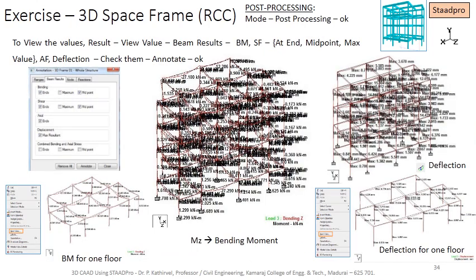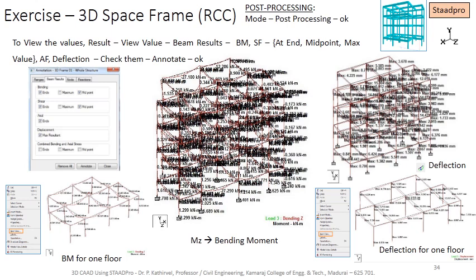To view the values of the internal forces developed, go to the Result menu at the top, click View Values, Beam Results, and put a tick mark in the locations where the values need to be displayed.